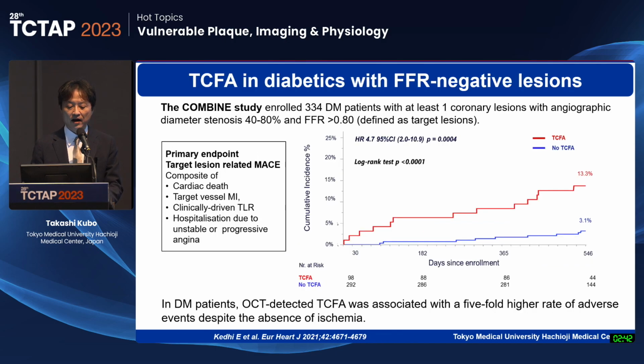Also, the COMBINE study enrolled 334 diabetic patients with at least one coronary lesion with angiographic diameter stenosis of 40 to 80% and FFR more than 0.80. The OCT-detected TCFA was associated with a 5-fold higher rate of adverse events despite the absence of ischemia at baseline.